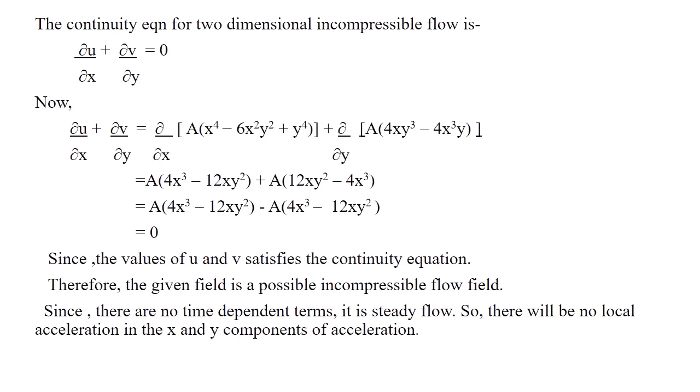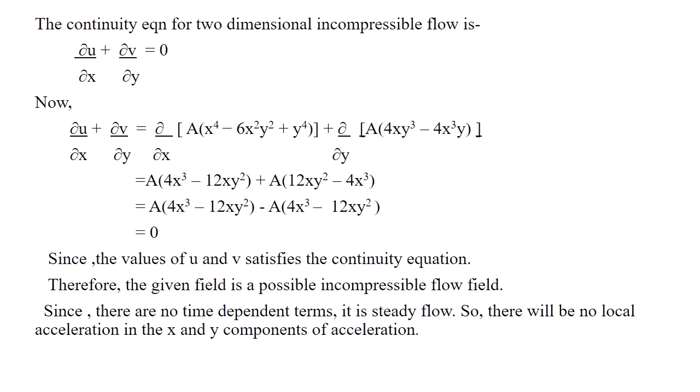So the continuity equation for two-dimensional incompressible flow is given by this equation, which is del u by del x plus del v by del y is equal to 0. Now we will put here the values of u and v in this equation. So these are the values of u and this is v, and after doing the differentiation we get del u by del x plus del v by del y is equal to 0.